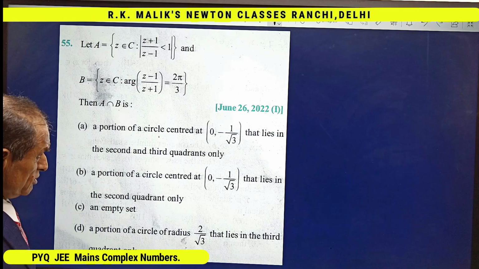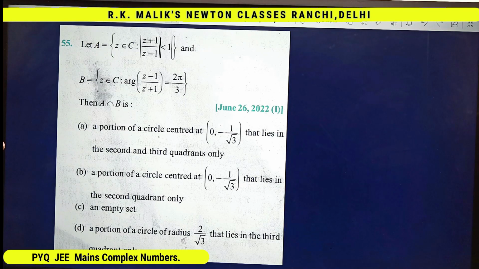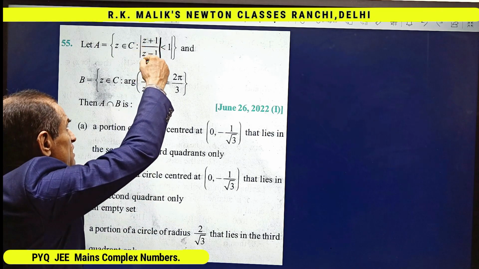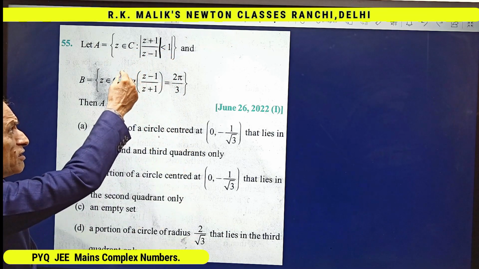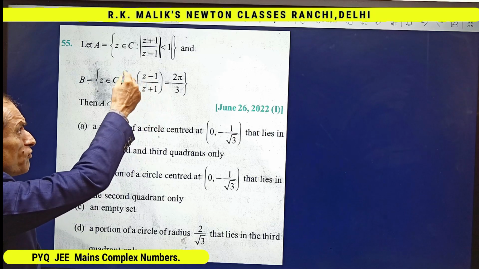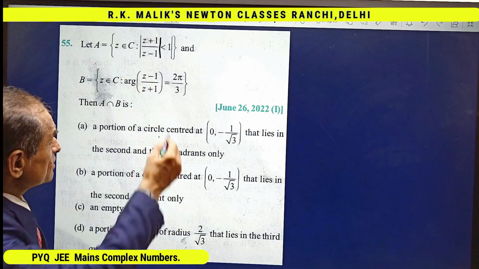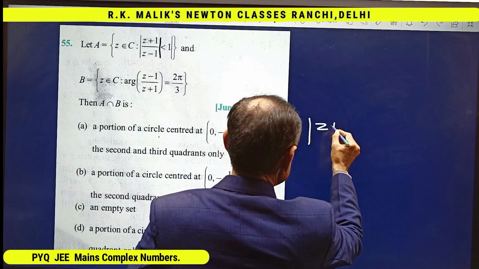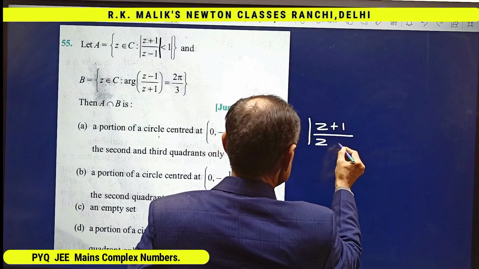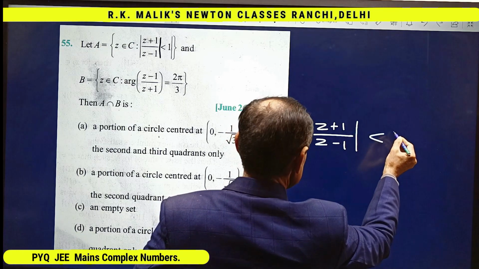These are the choices. First of all, we'll see what this inequation represents, and then I will explain the locus of this equation. It is clear that this means mod of (z plus 1) upon (z minus 1) is less than 1.